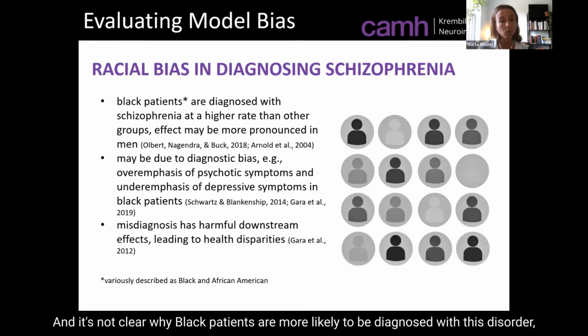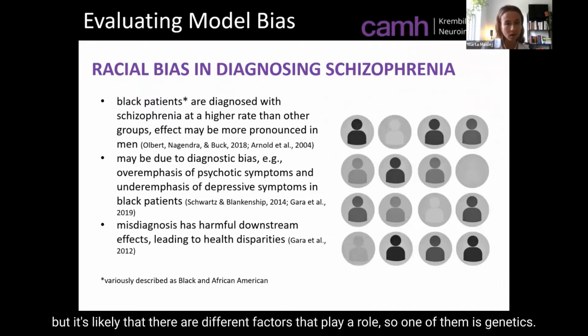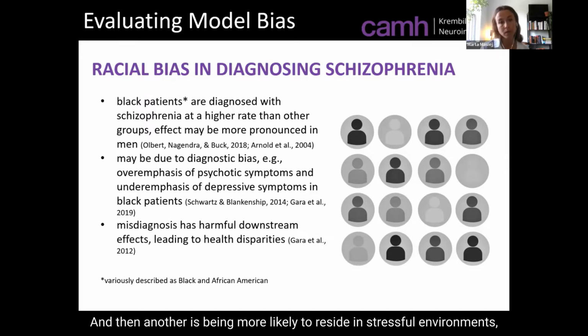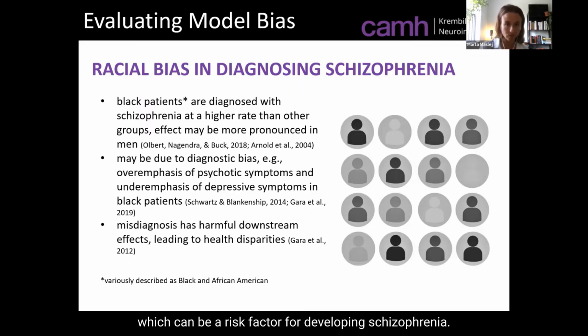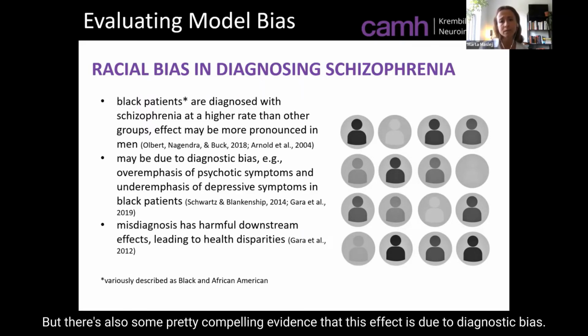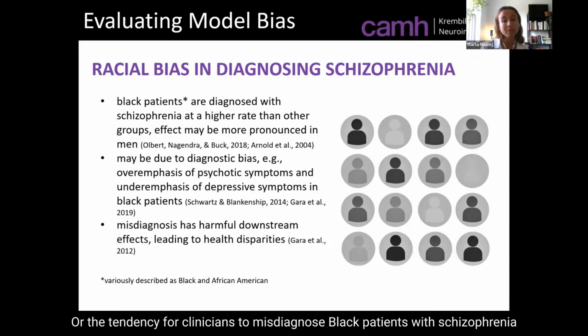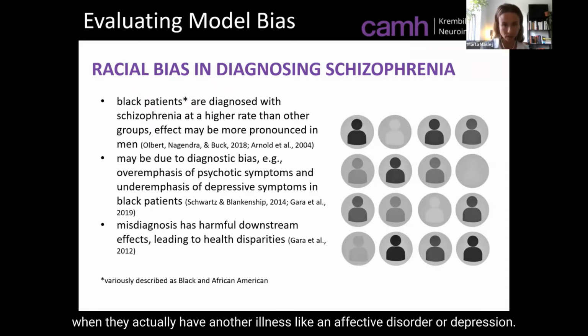And it's not clear why Black patients are more likely to be diagnosed with this disorder, but it's likely that there are different factors that play a role. So one of them is genetics. And then another is being more likely to reside in stressful environments, which can be a risk factor for developing schizophrenia. But there's also some pretty compelling evidence that this effect is due to diagnostic bias, or the tendency for clinicians to misdiagnose Black patients with schizophrenia when they actually have another illness like an affective disorder or depression.